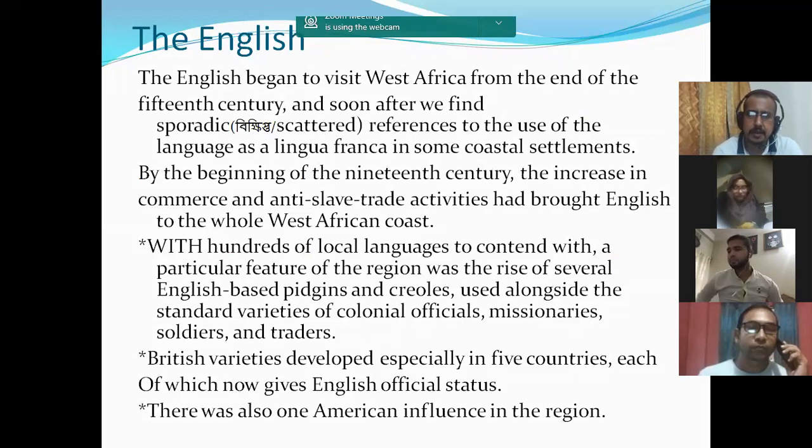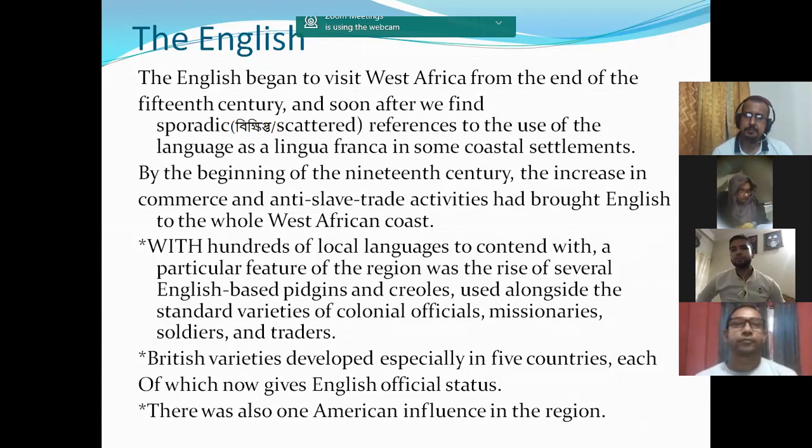They had been using several languages, but the English people came over here at the end of the 15th century, and then the people started to use the English language as their lingua franca. With hundreds of local languages to contend with, a particular feature of the region was the rise of several English-based pidgins and Creoles used alongside the standard varieties of colonial officials, missionaries, soldiers, and traders.